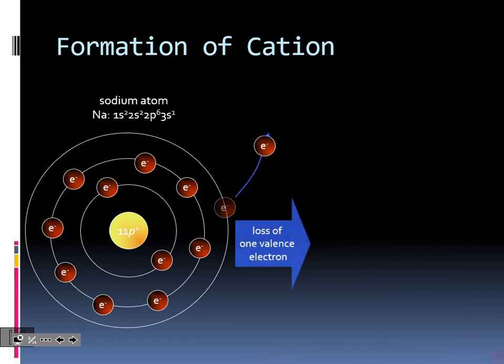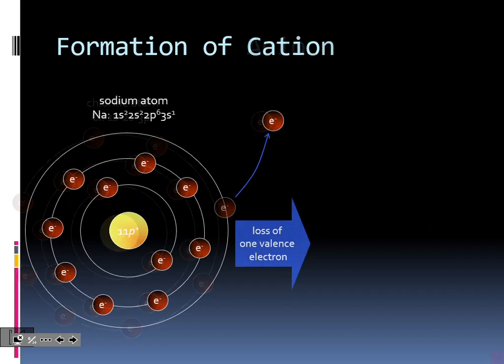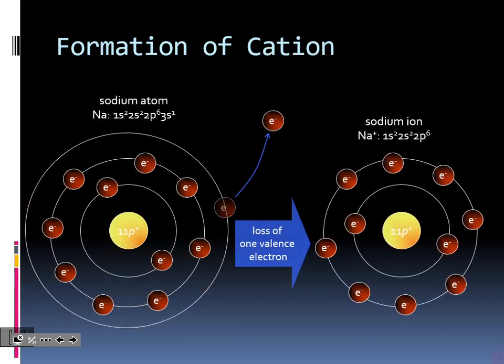It gives it away. When it loses that 1 valence electron, the sodium ion is formed, and now it has the 2p6 completely filled, and it now has the same configuration as neon.